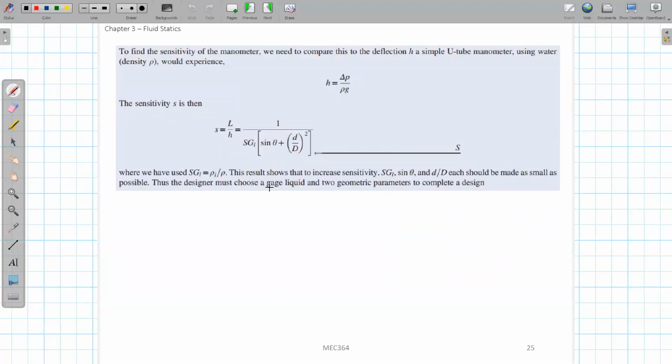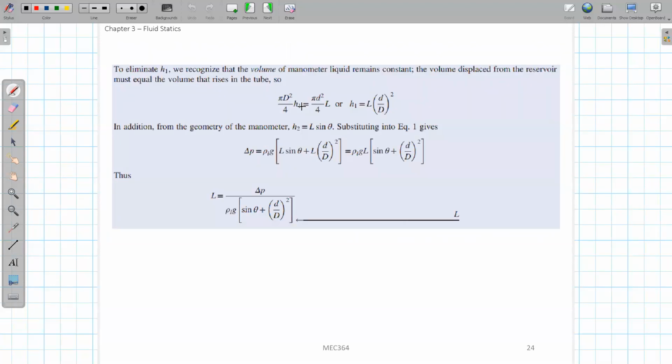So you can simply calculate it based on this correlation here. This is not very important for us anyway. The important thing is how this L value you read for this inclined manometer is related to the pressure drop to measure.